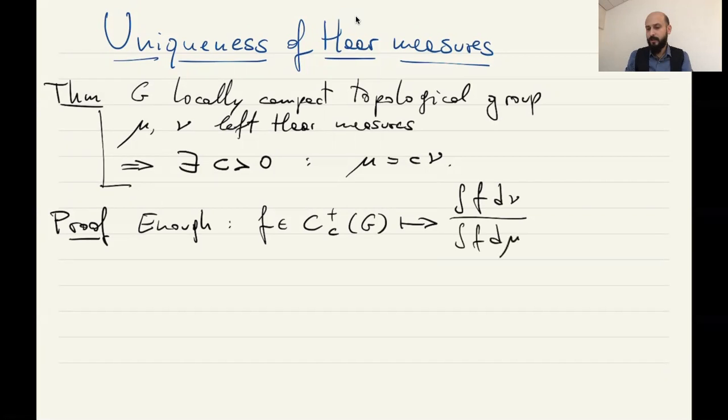If we prove that this function is constant, this means that this is equal to this, and therefore these two measures are a multiple of each other, because they represent the same functional up to this constant. So it's enough to prove that this is constant.